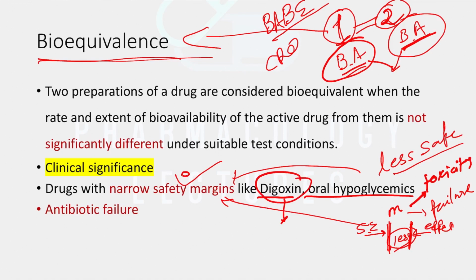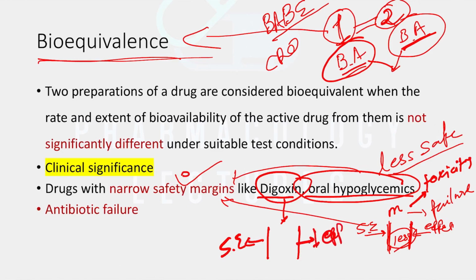For example, digoxin we use in congestive heart failure, oral hypoglycemics we use in diabetes. We need to be very accurate in maintaining their concentration in blood. If we fluctuate their concentration, there are chances of either side effects or decreased effects. So the margin is very small, and these are called narrow.